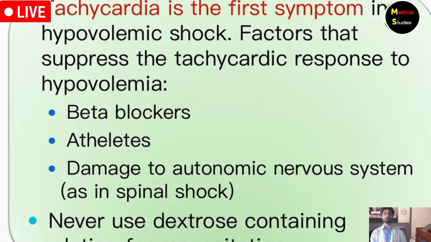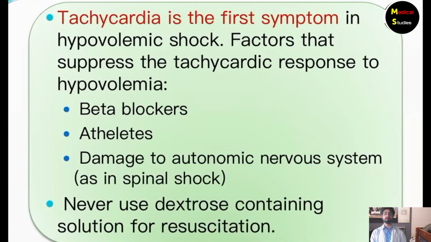Next is athletes. This is a very important cause. Athletes have physiological bradycardia, because their muscle mass is high and they can maintain a good stroke volume without raising the heart rate. So they don't need a high heart rate for the ejection of the same amount of blood.